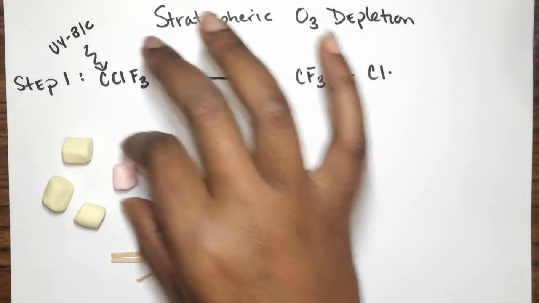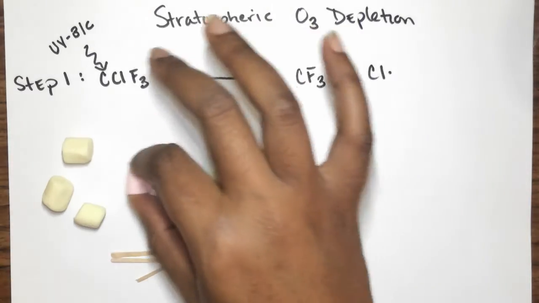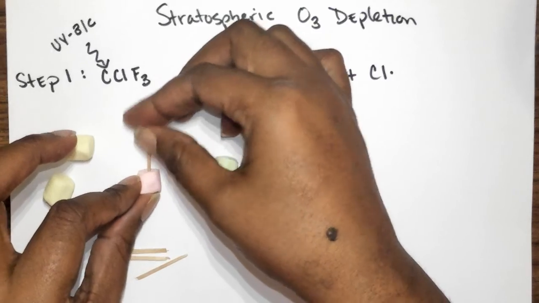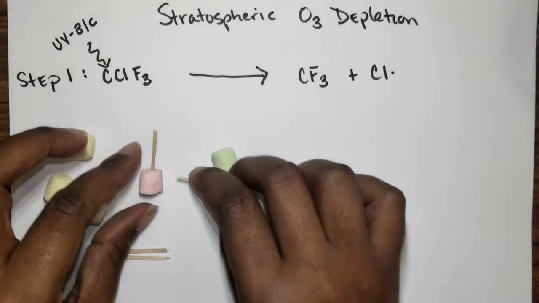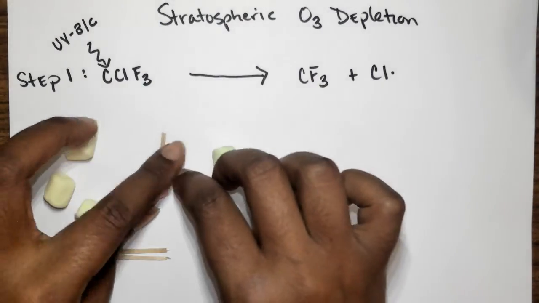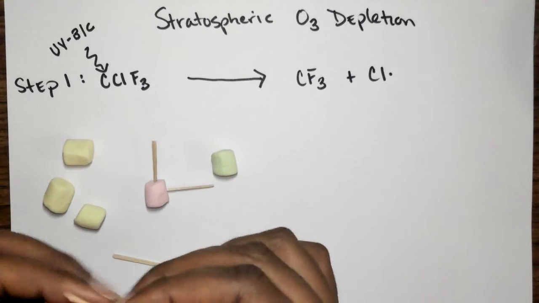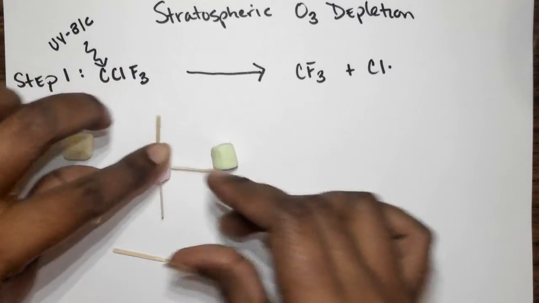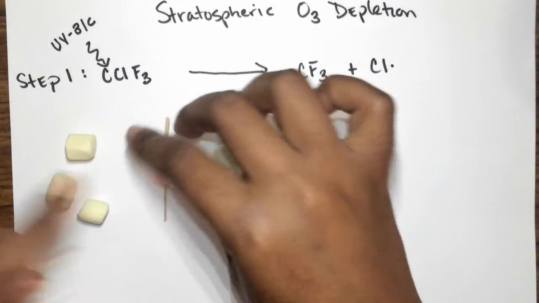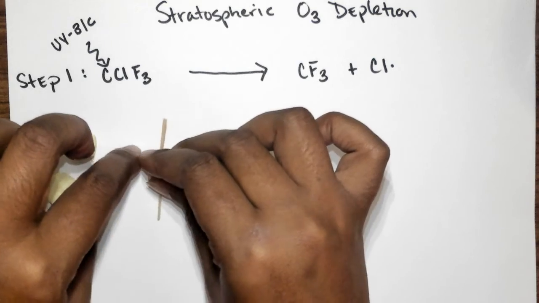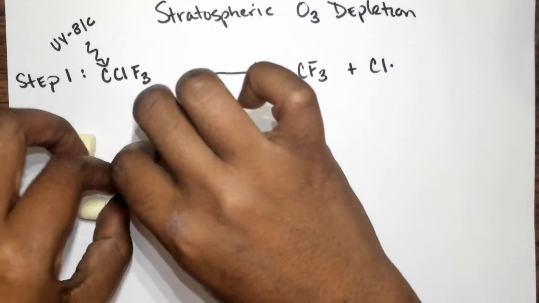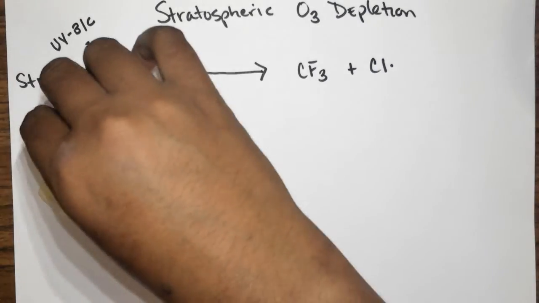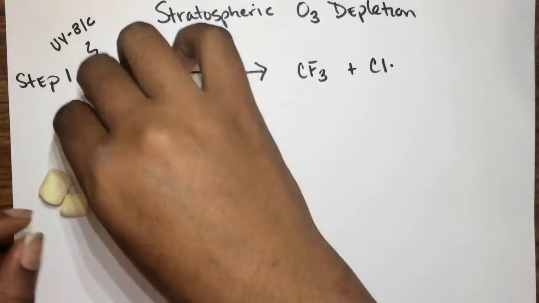And so I'm going to make this pink one my carbon. Carbon forms 4 bonds. We know this from chemistry. That means that carbon's going to be the middle atom. Okay, so I'm going to go ahead and put those covalent bonds in for carbon. Now, these are going to be my fluorides.